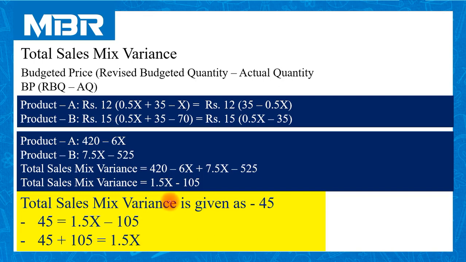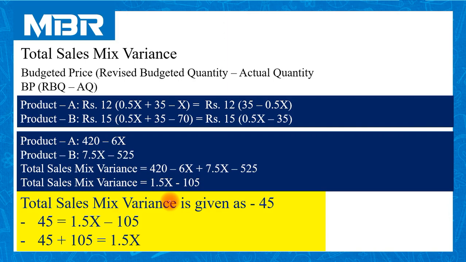Now refer to your question. In your question, information related to total sales mix variance is given as minus 45. Insert the data. Minus 45 equals 1.5x minus 105. Change minus 105 to the opposite side, so it is a plus.